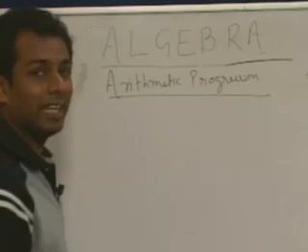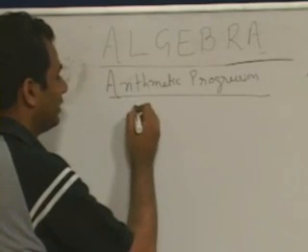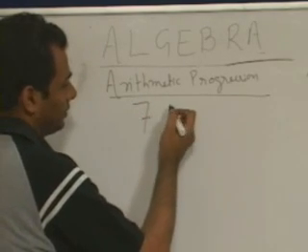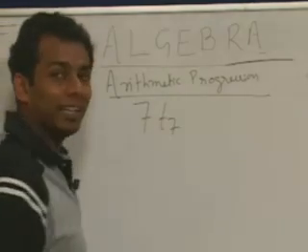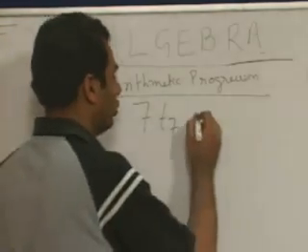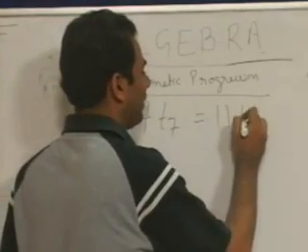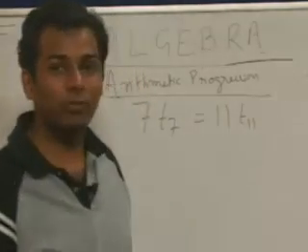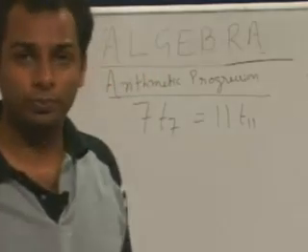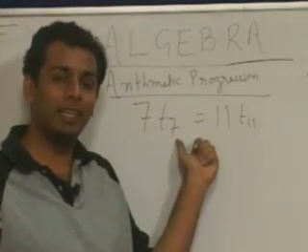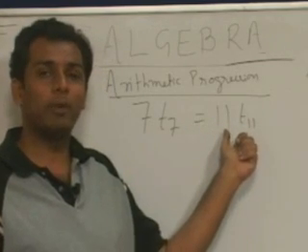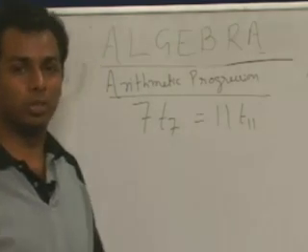For example, if I say that 7 times the 7th term of an arithmetic progression is equal to 11 times the 11th term of an arithmetic progression, then which term is equal to 0? I repeat once again, 7 times the 7th term of an AP is equal to 11 times the 11th term of an AP, then which term is equal to 0?